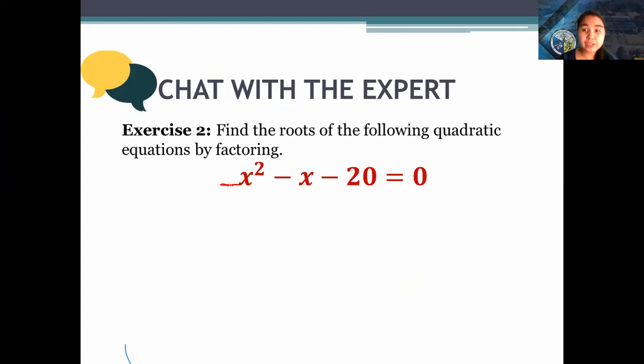What's the numerical coefficient? 1. What are the factors of 1? In the chat box. Ready? Very good. 1 times 1. Next, -20. You look at the last term, -20. What numbers, when you multiply both, the answer will be -20?